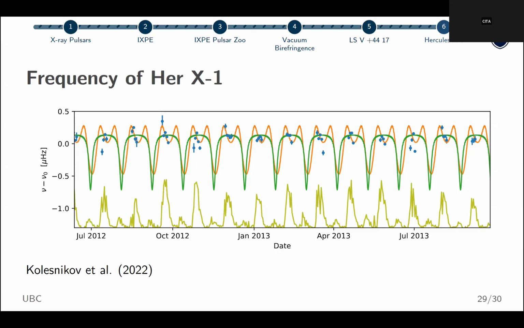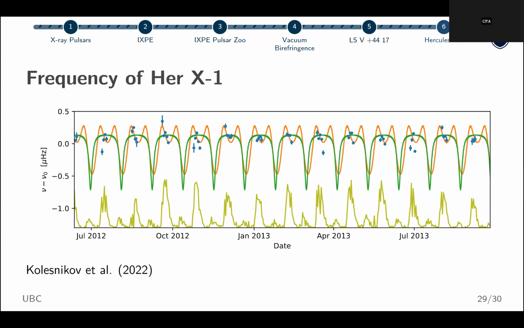The same group that had proposed these models did this calculation. Of course, people are always looking at Hercules X-1. They measured the spin, and Hercules X-1 is spinning up and spinning down on a long time scale based on its accretion rate right now. You subtract that out and you kind of flatten it. And maybe with some imagination, or maybe not, this is not a fit.